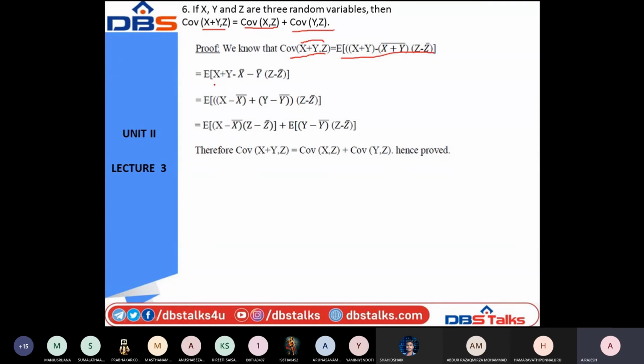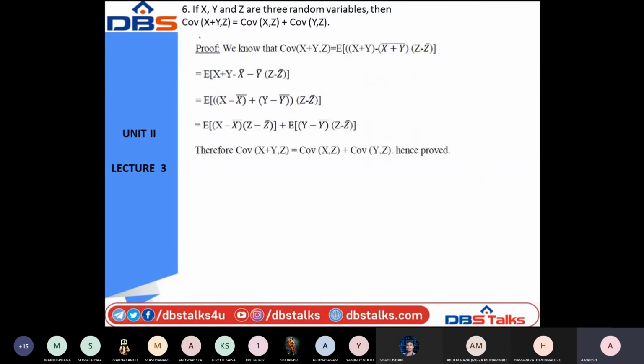That will be equal to the expected value of X plus Y, minus into plus minus X complement, minus into plus minus Y complement, into Z minus Z complement. So can I write it like this: E of X minus X complement plus Y minus Y complement into Z minus Z complement. See, there is a difference between these two things. I will repeat that one.